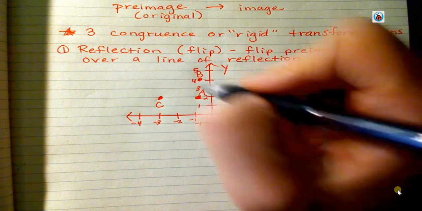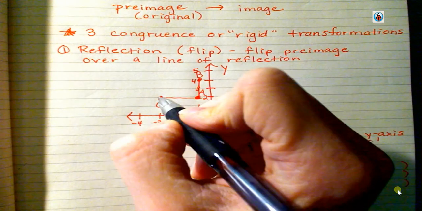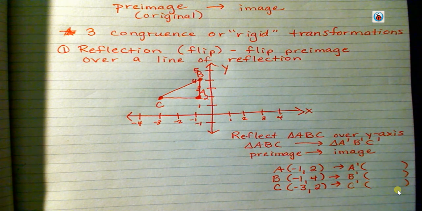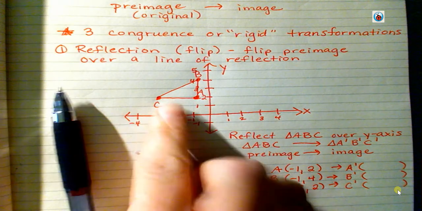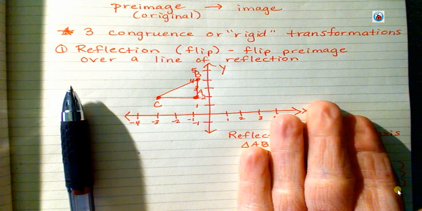Once you have all those points, create the sides of your polygon, which is our triangle here. And then we're going to reflect that over the y-axis. So we say, okay, if I pick this triangle up and flip it to the other side, where is it going to be located?